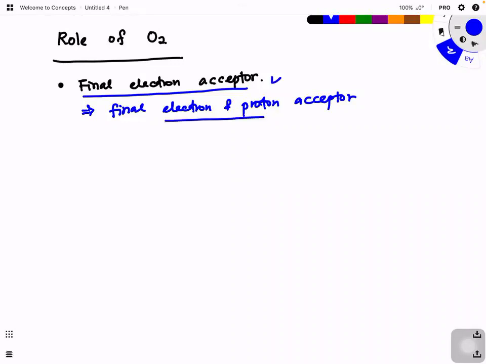Protons must be together with electrons, because in the process 4 hydrogen ions take 4 electrons, and then you get 4 hydrogen atoms. These 4 hydrogen atoms react with O2, or reduce the O2, to form 2 molecules of H2O.